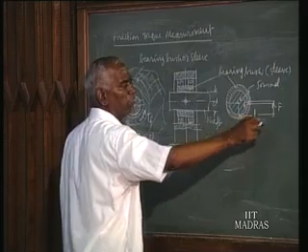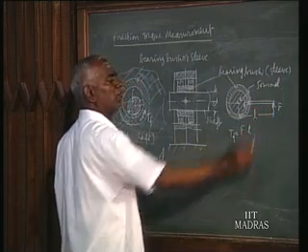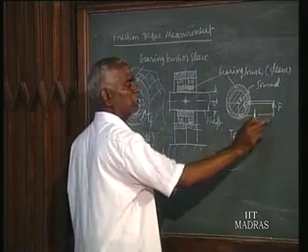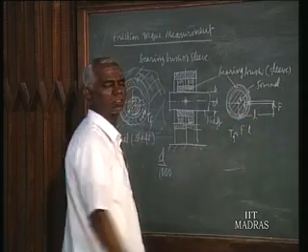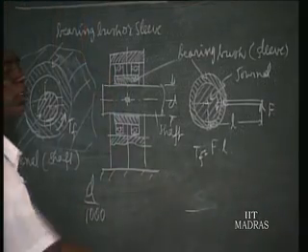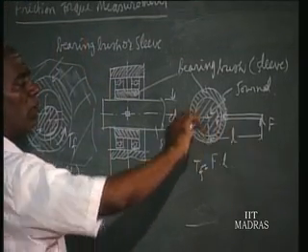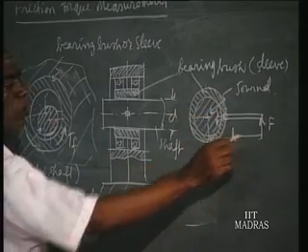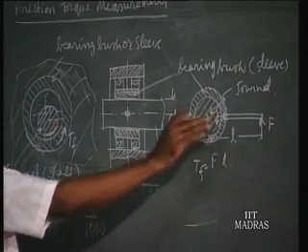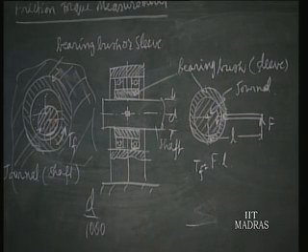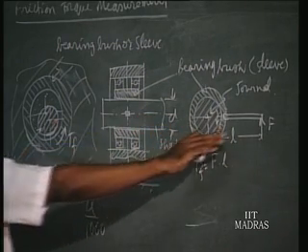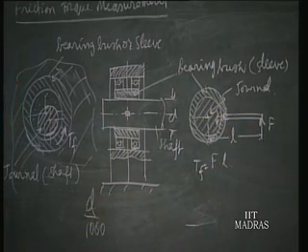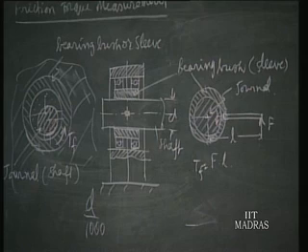When the bush tries to rotate, it is not allowed to rotate by supporting it at a distance L. You can use any force measuring technique, any load cell, to find the force due to this torque at this leverage L. So if F is the force, F into L will give the friction torque in the sleeve. That is how we use this method of fixing a lever and measuring at a distance to measure the friction torque on the sleeve bearing.